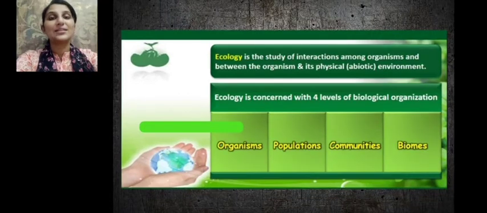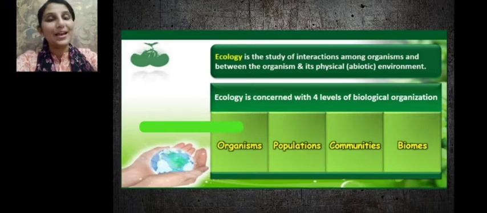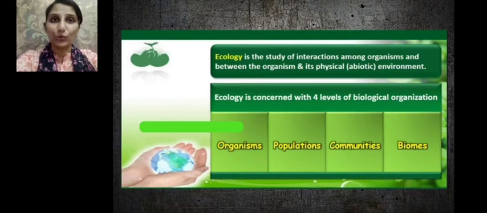The last or the highest ecological category is the biome. A biome is a large regional unit which has a particular vegetation type. And in that particular vegetation type, there is associated fauna. This fauna is living inside this particular vegetation, occupying a particular climatic zone.